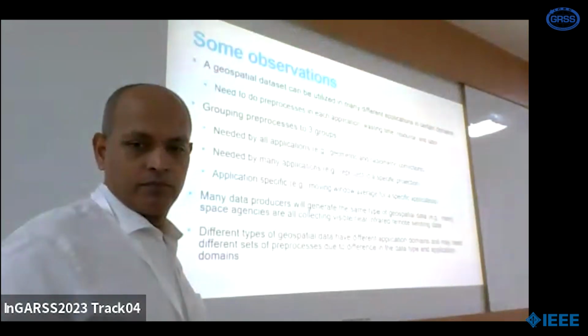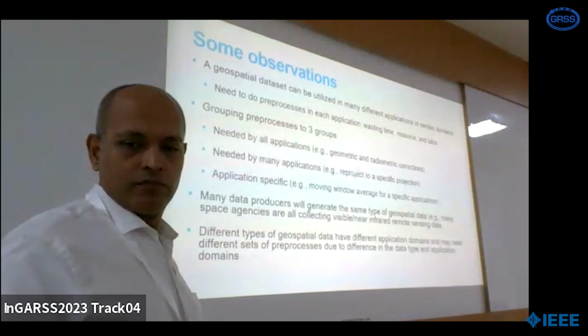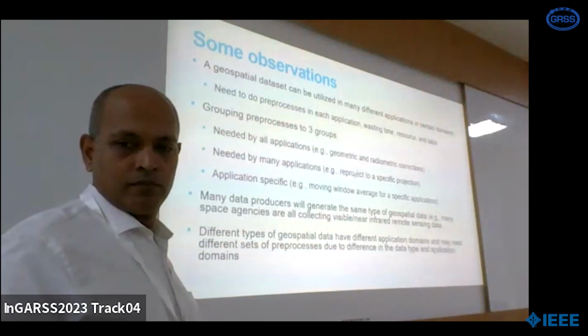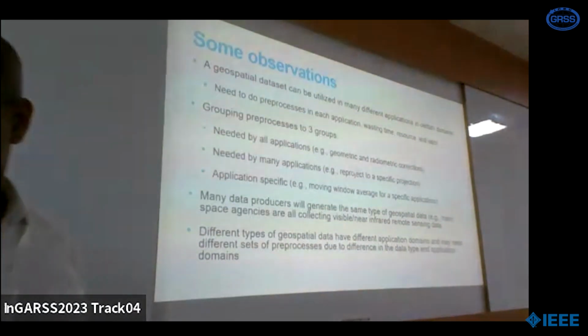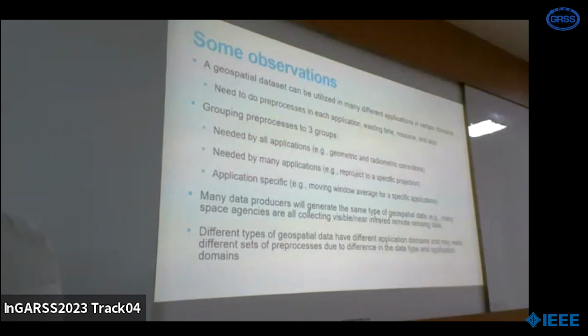And the third group of pre-processing is application specific. This means that one application may use one pre-process, another application may use a different pre-process. It's not used by all applications, like someone wanting to do a moving average for a specific application. So those are application specific.